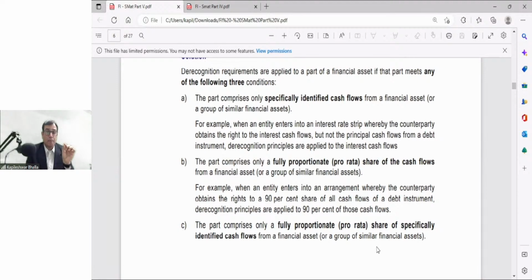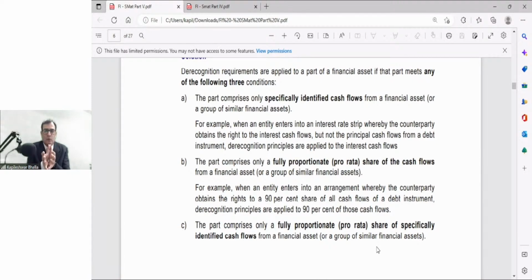It says the part comprises only specifically identified cash flow. For example, when an entity enters into an interest rate strip, as I said, you enter into an arrangement where you transfer only the principal portion, it's called the principal strip.